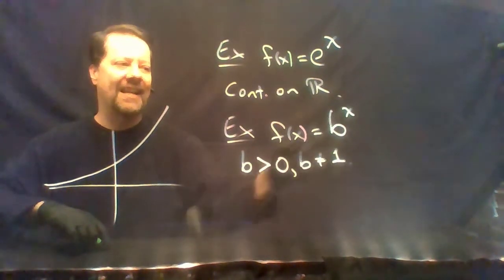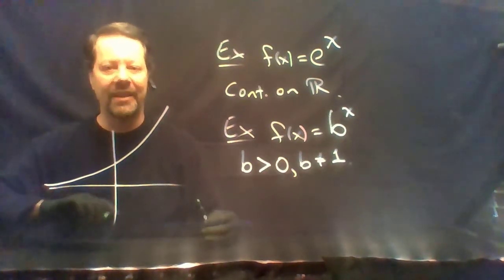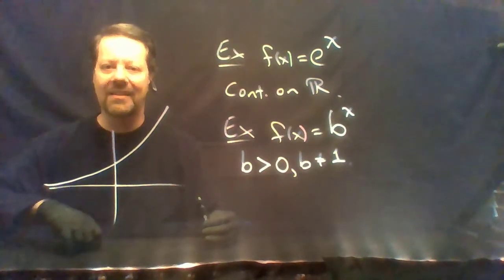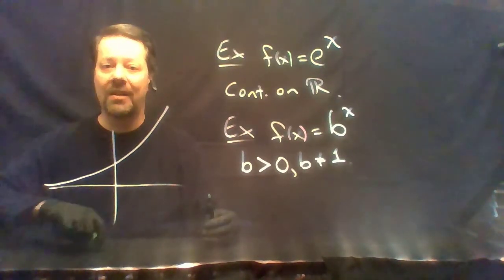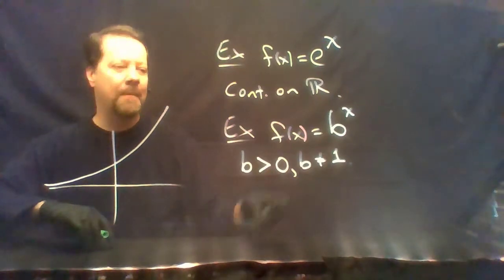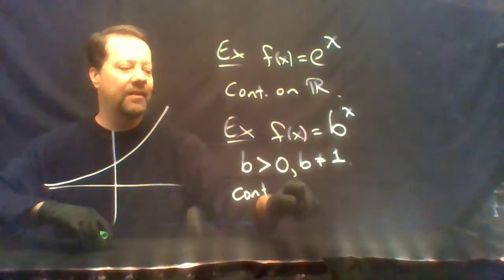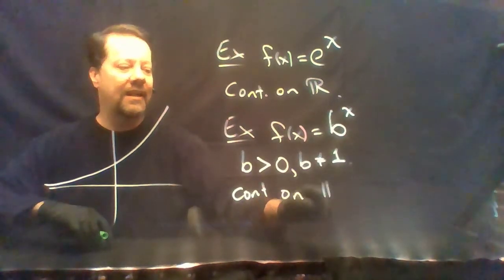If b is negative, you can plug in numbers like x equals 1/2 and output the imaginary unit, which we are going to ignore in this class, since this is a course on the calculus of real-valued functions of a real variable. So this is going to be continuous on the entire real line.